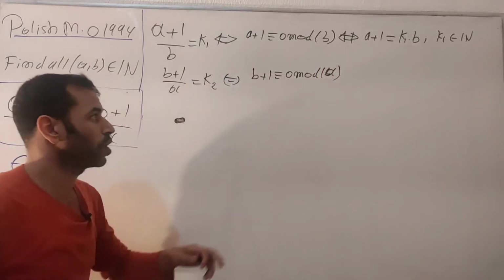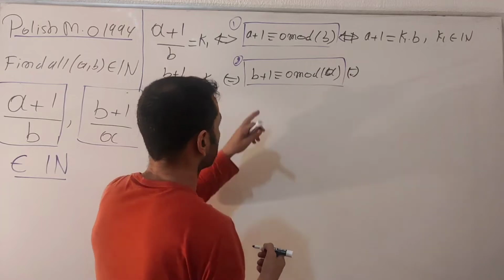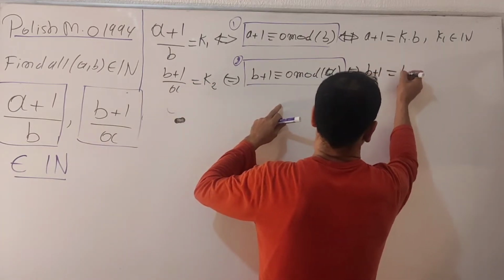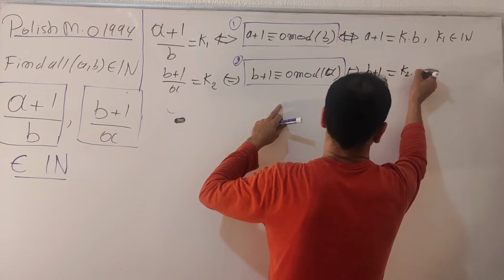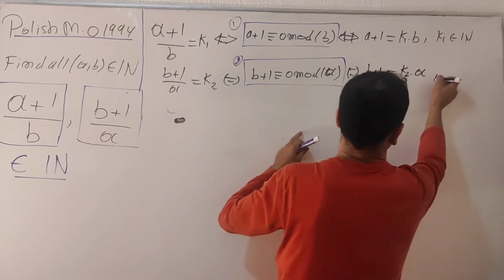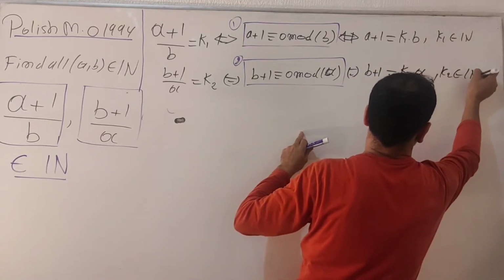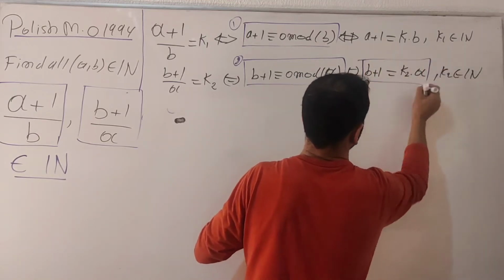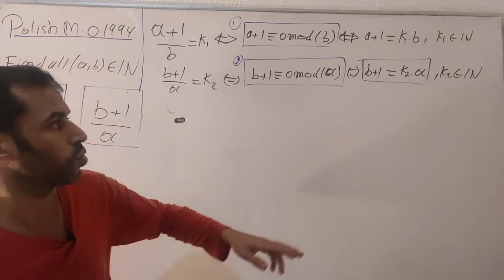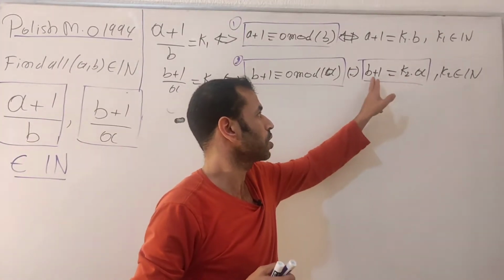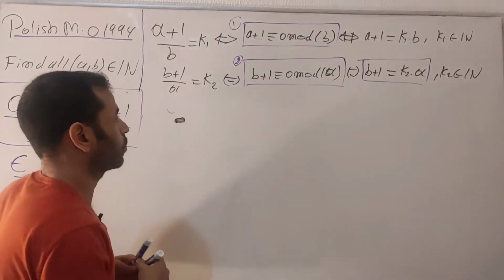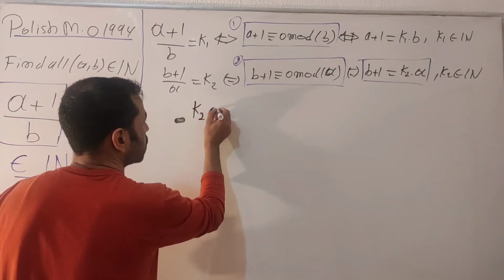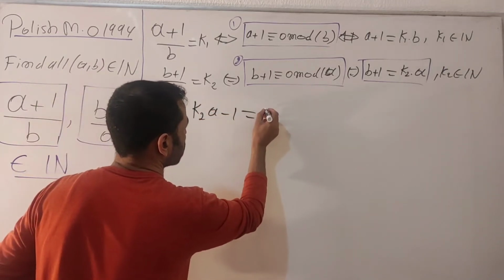Also this is equivalent to b plus 1 equals k2 multiplied by a, where k2 is some natural number. So I'm simply going to move the 1 over to the right and leave b on the left. I will have k2 multiplied by a minus 1, which equals b.